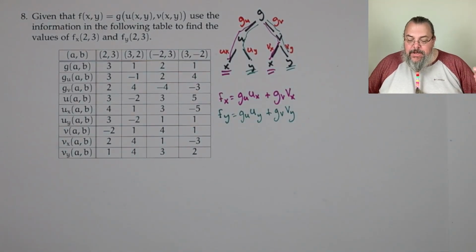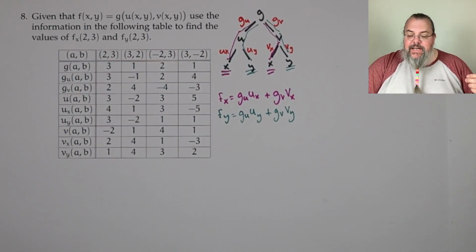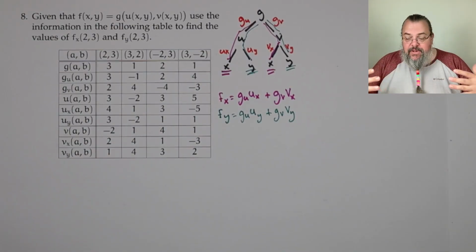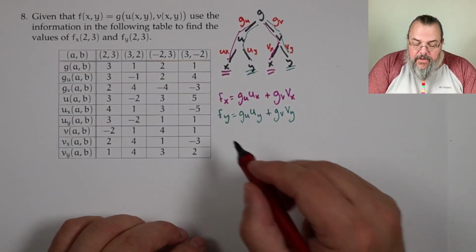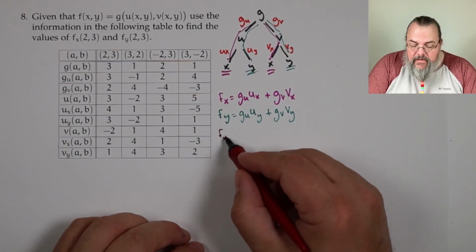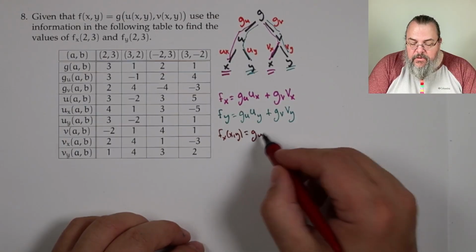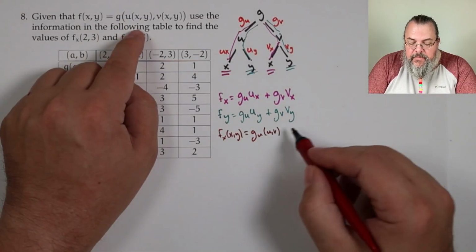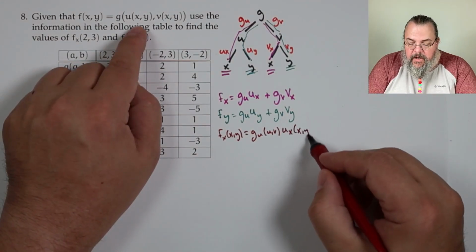Now we have to be a little bit careful. This is very condensed. We've omitted some details. And so I'm going to be a little bit more explicit here. All right, so the first one, this f sub x of x, y is g sub u, but g is a function of u and v, so I'm going to write u comma v. U sub x, u is a function of x and y, so x comma y.